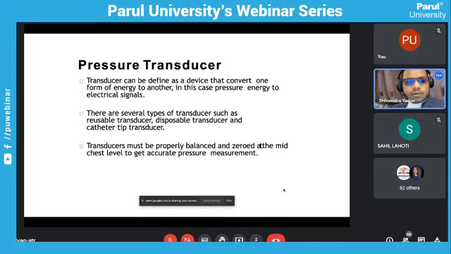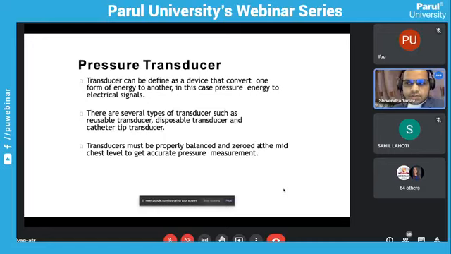All right. There are several types of transducers, such as reusable transducers, disposable transducers, and catheter tip transducers, which are now in more usage. Back in the day, there were reusable transducers; we used one single transducer for every patient.